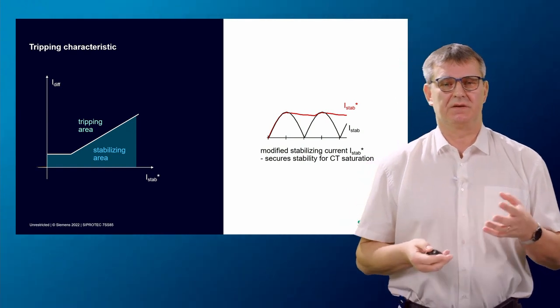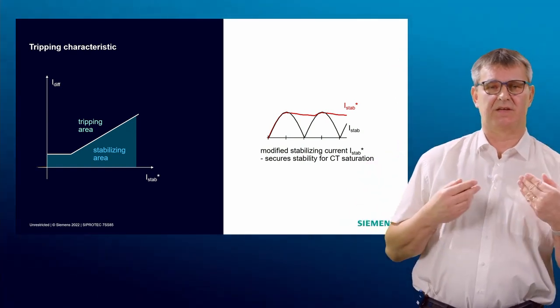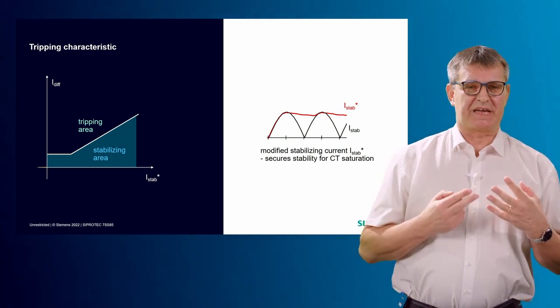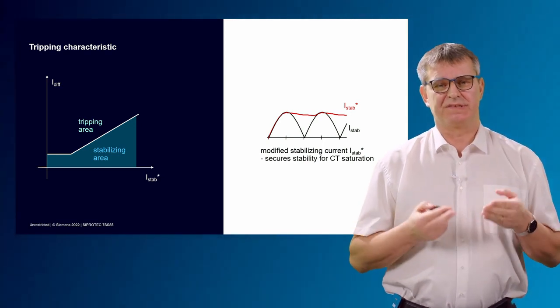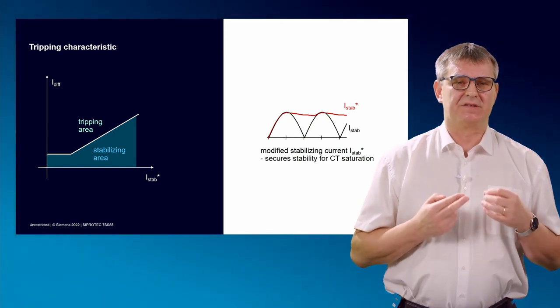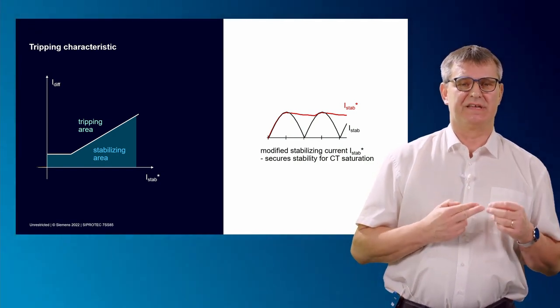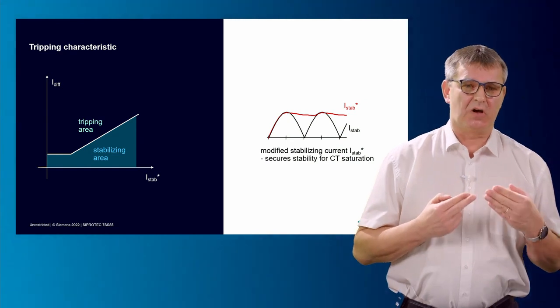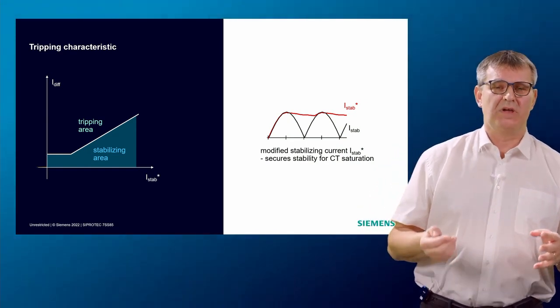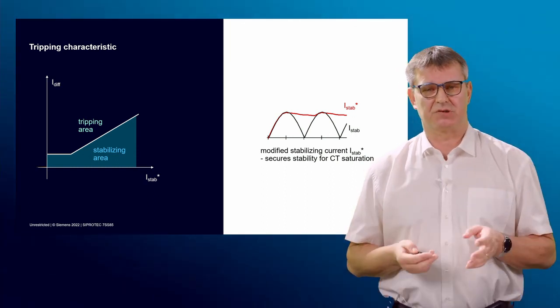And every time we are looking at the characteristics, you can see we have on the y-axis the differential current, and on the x-axis not the calculated stabilization current, we have the modified stabilization current.